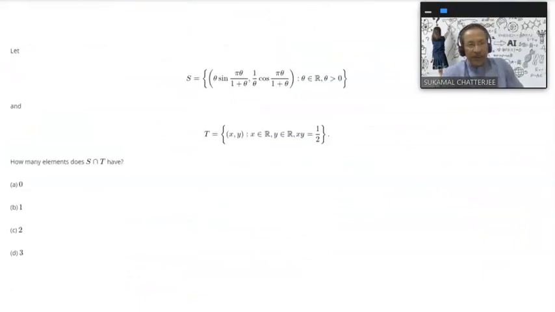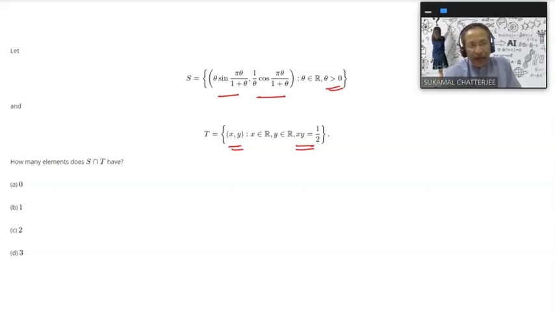This question says, let S and T be two given sets. How many elements does S intersection T have? S is defined as theta into sine of pi theta by 1 plus theta, and 1 by theta cos of pi theta by 1 plus theta, where theta is a real number and is positive, and T is given by xy, where x into y is half.